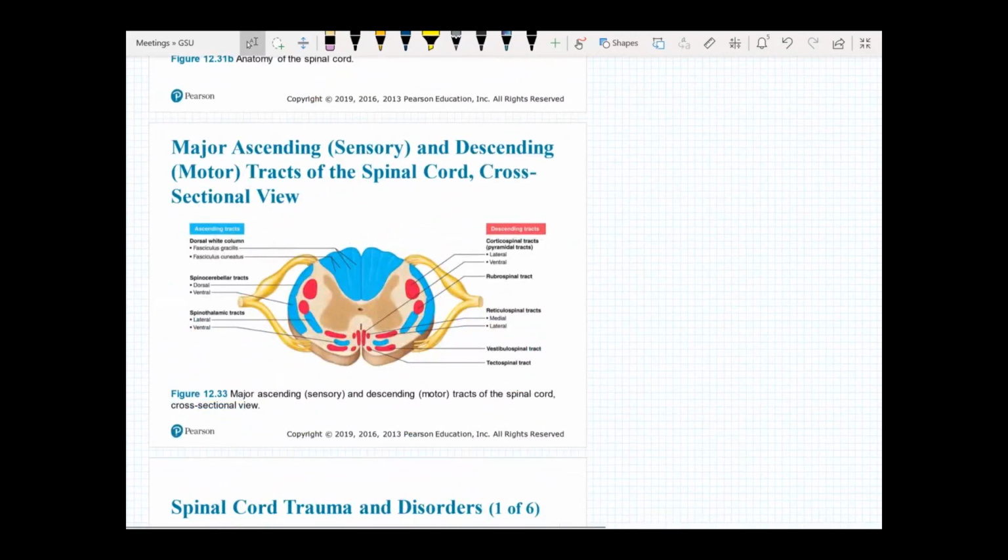Here you can see this is all of the ascending, so this is sensory information over here, whereas this is descending, so this is all motor information. You can see how these pathways are traveling up or down and are very organized within the spinal column. Knowing these specific ones, we'll cover in the next section.